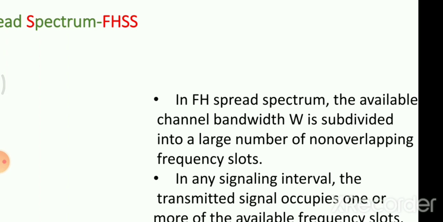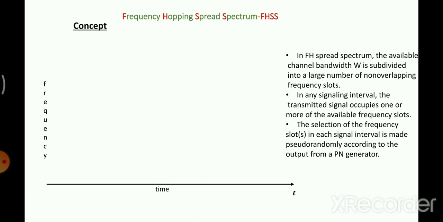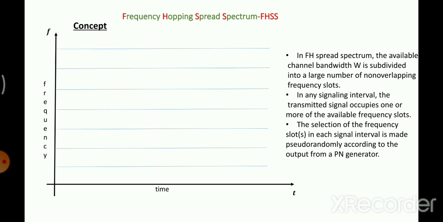Those slots are called independent frequency slots. Suppose this is the allocated time and this is the frequency allocated for transmission, and let us say that there are multiple users. These users are given by these parallel lines. So 1, 2, 3, 4, 5, 6, 7 users are using this channel.